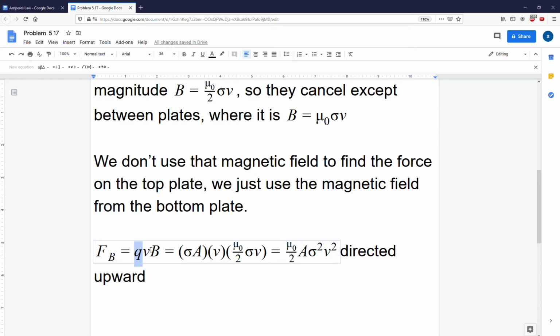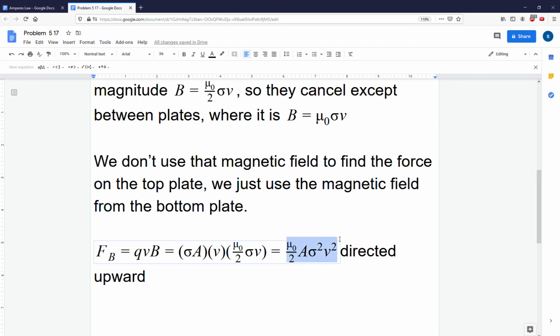So the Q, that's just the charge on a chunk of plate, so that is sigma times A. V, that is the speed of the plate. And B was this thing that we had just calculated, mu sub naught over 2 times sigma times V. We simplify, and we see that the sigmas and the V's both combine and become squared.